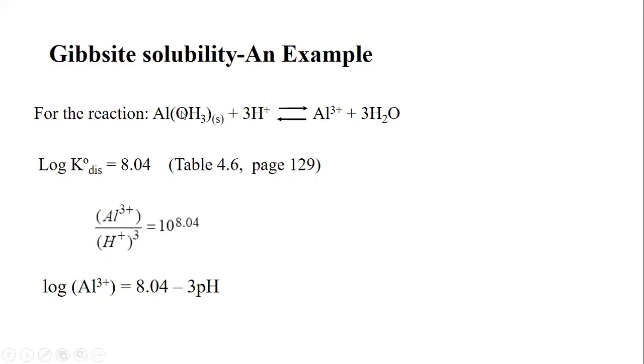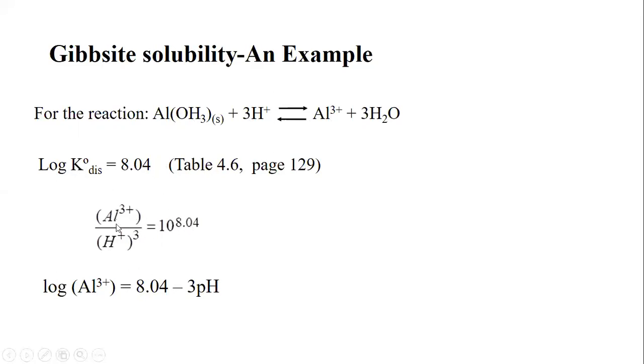And the solid, we assume, as we said, is a pure compound with no structural deficiencies in it, so the activity of it will be 1. So we're interested only in the ions. That's why K becomes Al3+ over H+ to the power 3, equals, we are given log K, so K will be 10 to the 8.04.